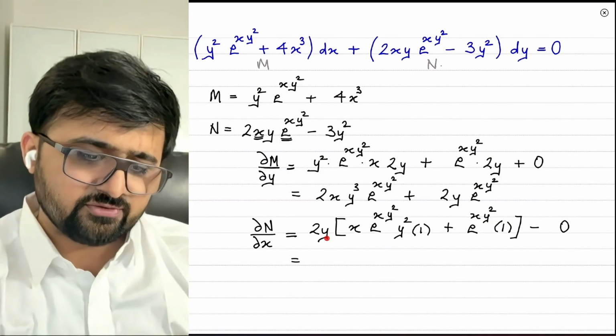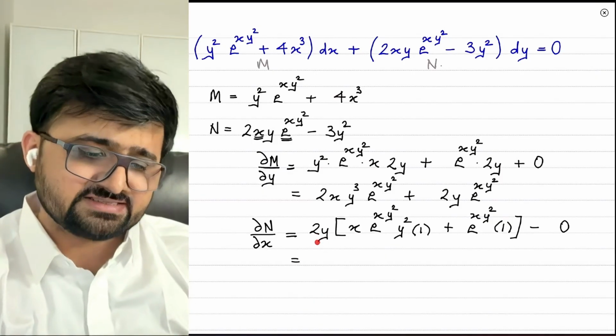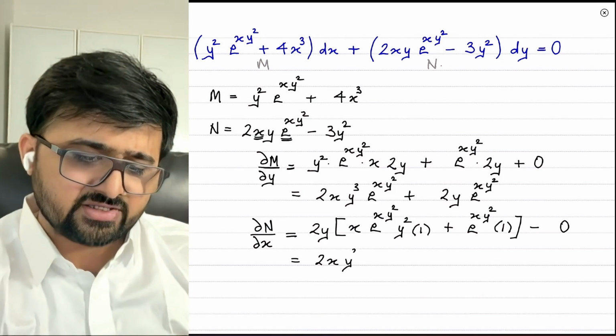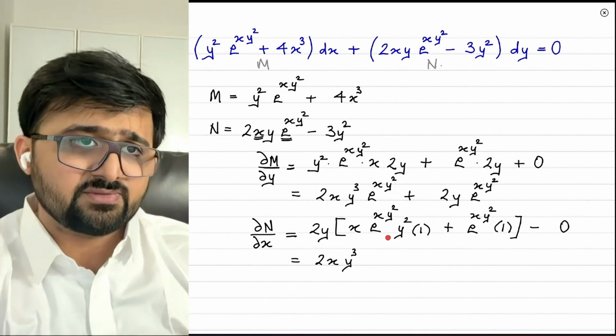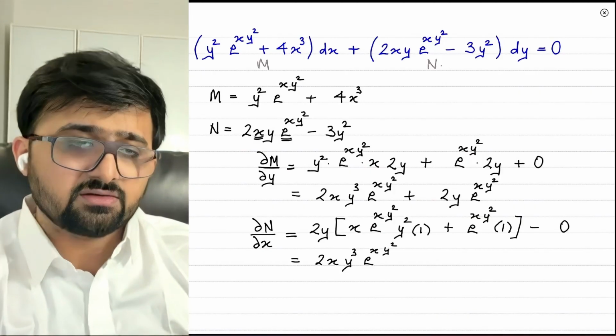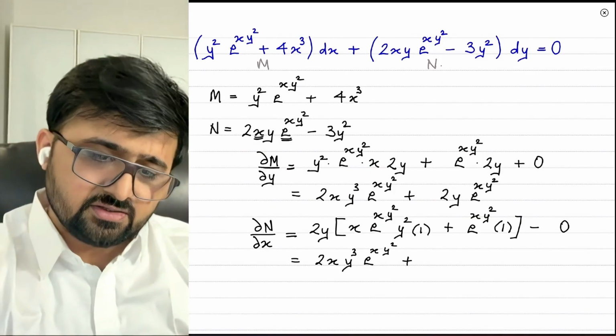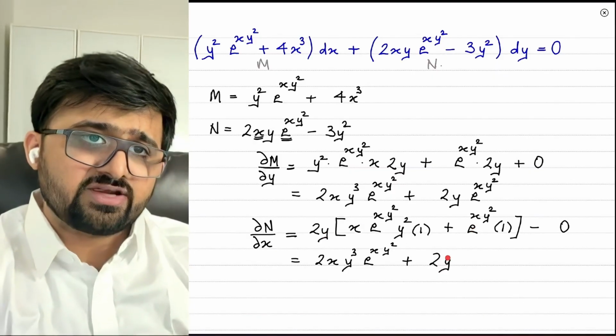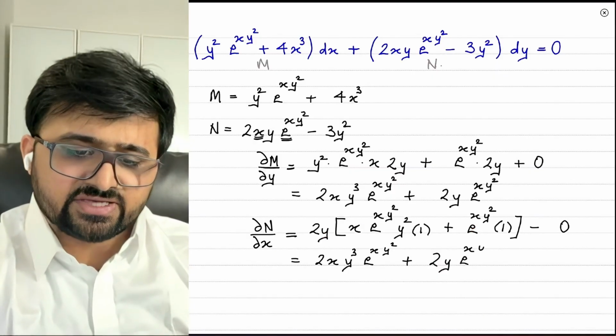So we just multiply this 2y inside. We have again 2xy³, since y times y² becomes y³, e^(xy²), plus 2y e^(xy²).